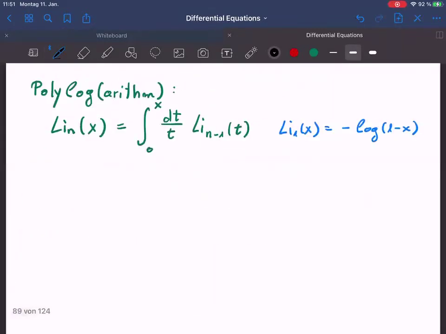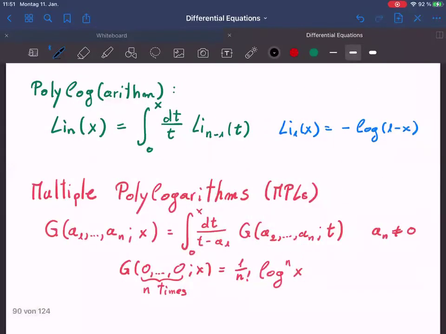And you can continue like this. Now you can go on, you get classical polylogarithms if you iterate even more. So that would be d log x, d log x, d log x many times, in the very end, d log 1 minus x. And I guess many of you also know, if you continue this, then you get to something called multiple polylogarithms.